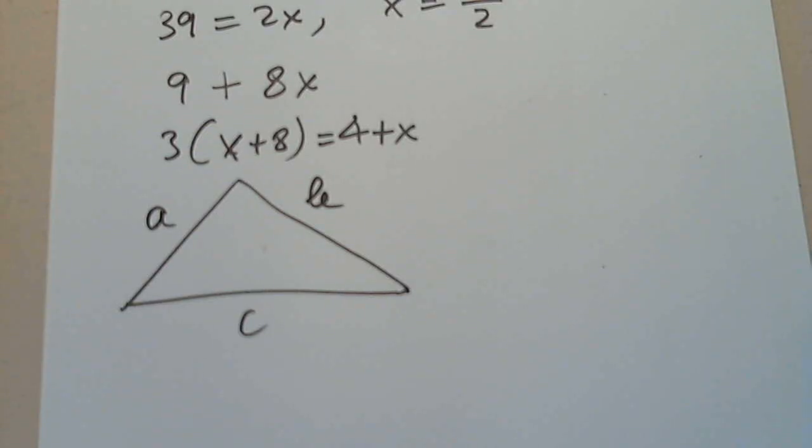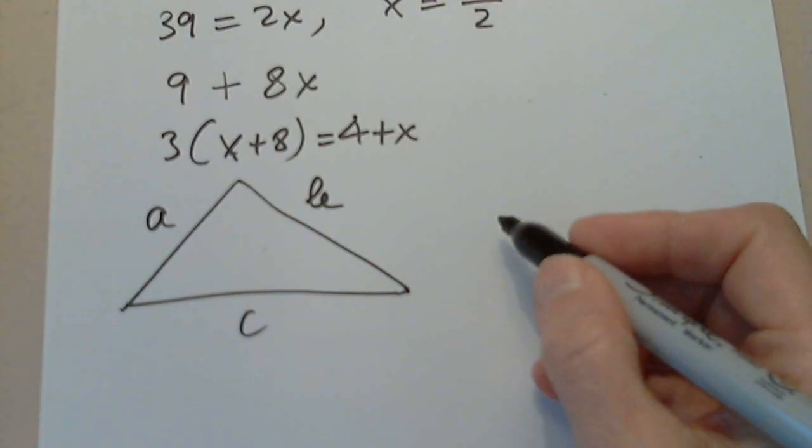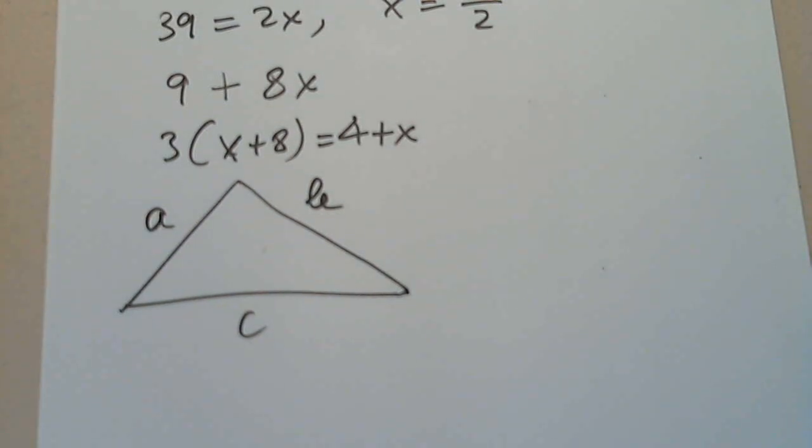Good. So the first angle is 19 more than the second one. How do I express that in mathematical terms?